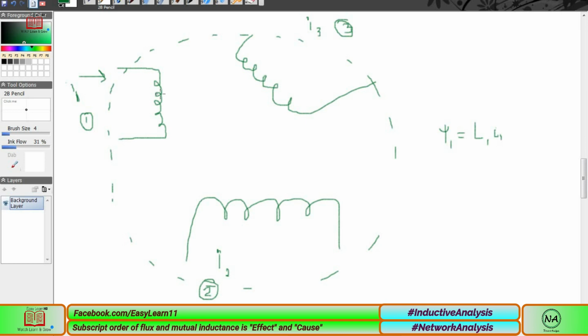Then we need to consider the other flux too, whether additive or negative. But right now all the effects are additive, so we need to consider the effect of network 2 and the effect of network 3 when we discuss the flux linkage.